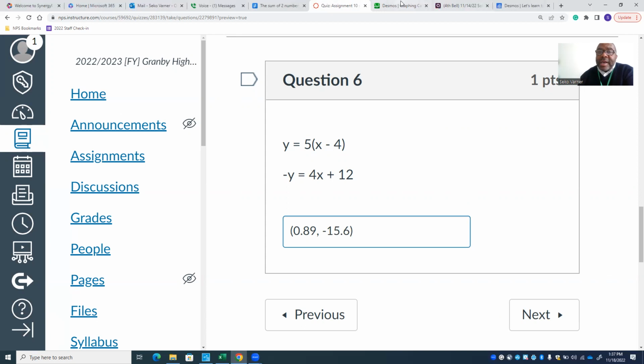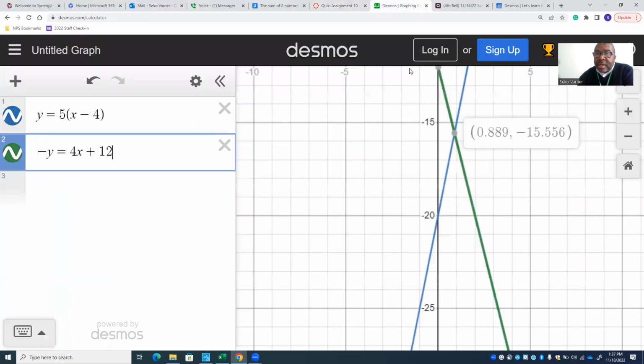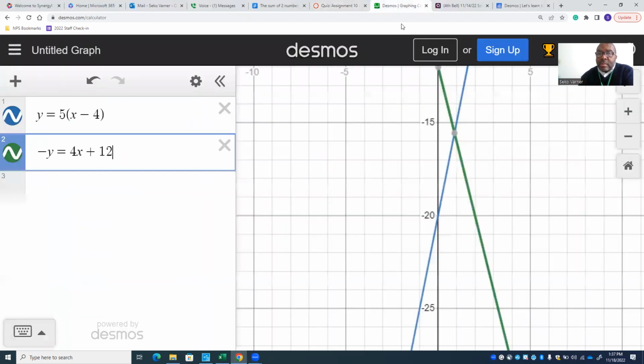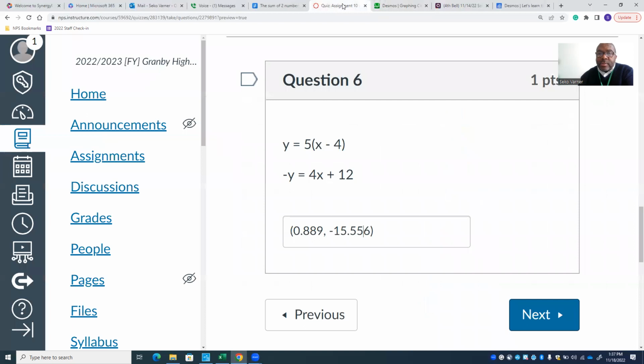So what I ended up doing is I rounded the 15.56 to negative 15.6, and I rounded the 0.889 to 0.89. I could also put 0.889, and that would work as well.